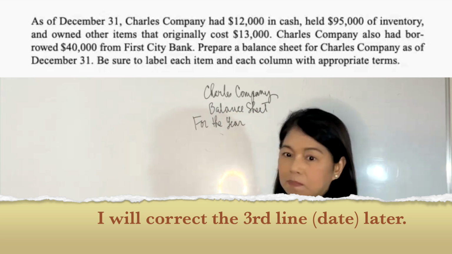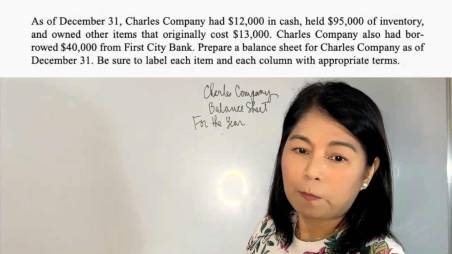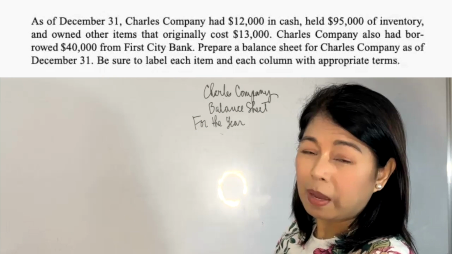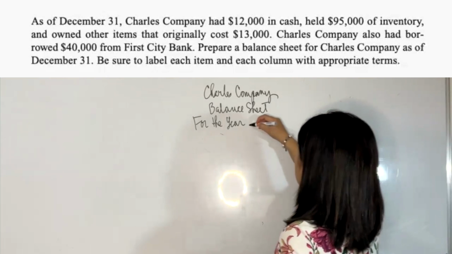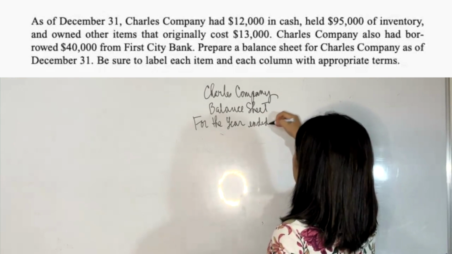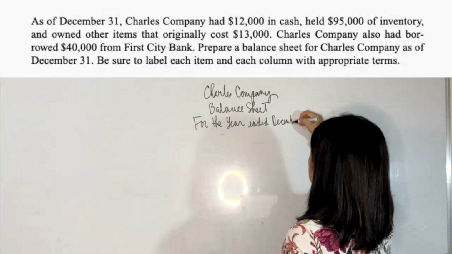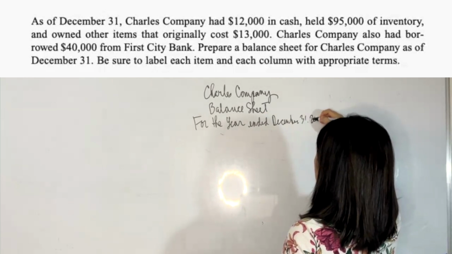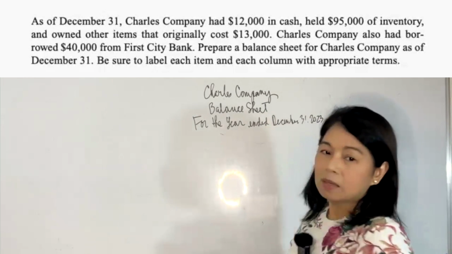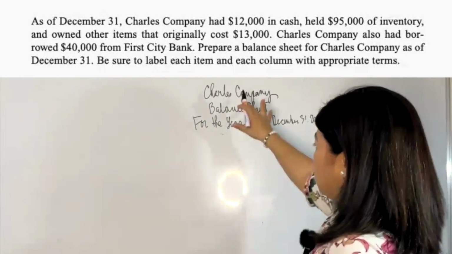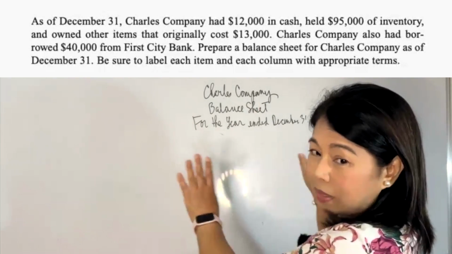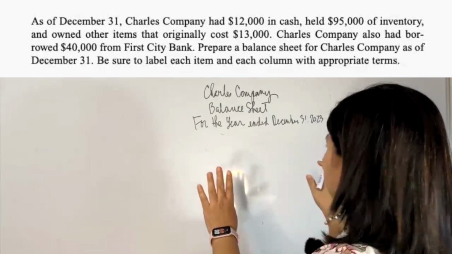Is that year? For the as of December 31. For the year, let's just say ended December 31, 2023. So the first thing we will just do, we cannot do it side by side because of the lack of space, or probably we can do it.